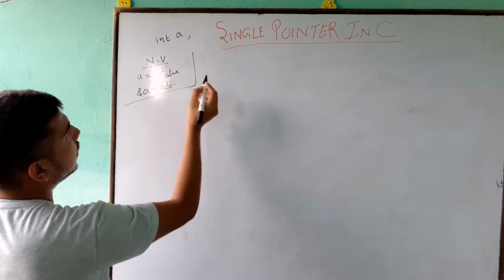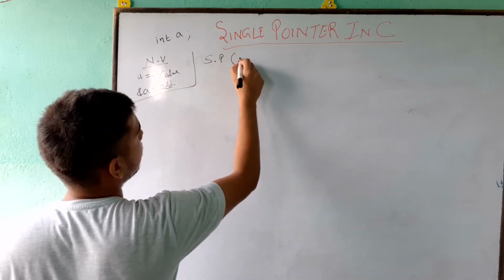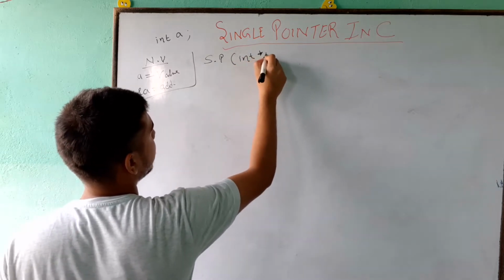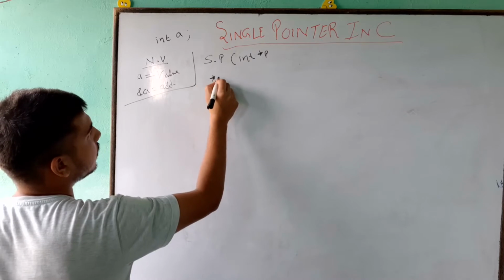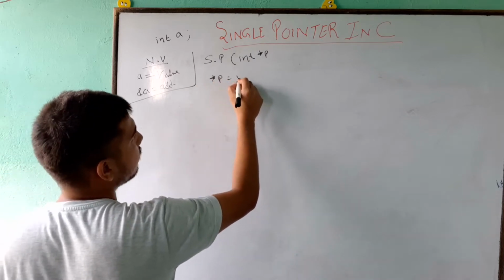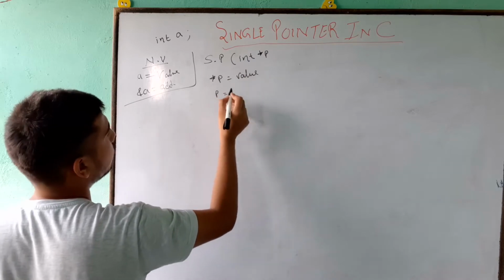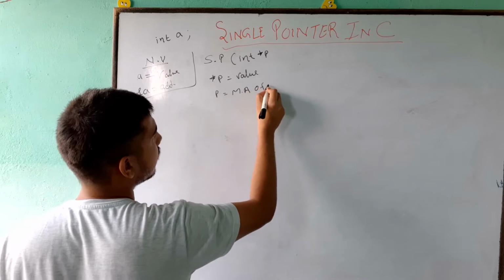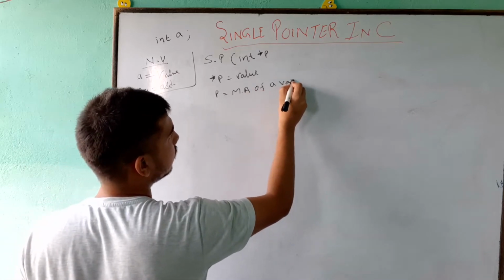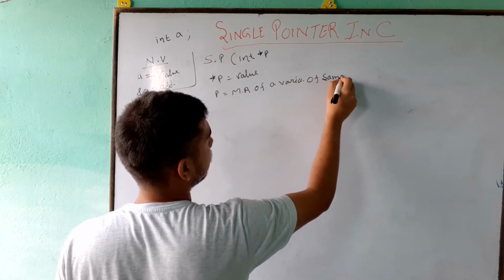Now in a single pointer, let's say it is defined as int *p, then note that *p will always have a value, and p will always hold the main address of a variable of the same data type.